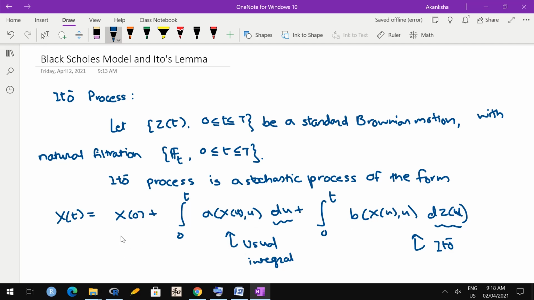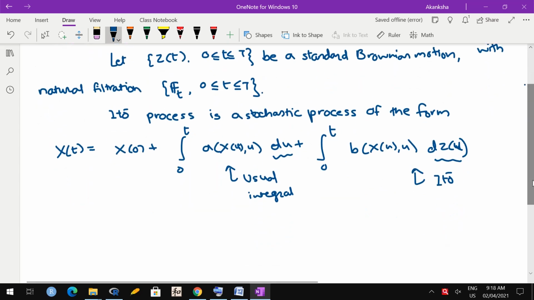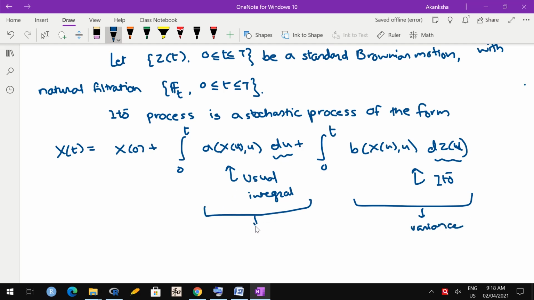So a and b are certain functions, and in this part time is not random. Time we know progresses in a set, deterministic fashion, whereas Z is random. So this contributes to the variance of the process. There is no contribution to variance from this first part. This contributes to the mean of the process.